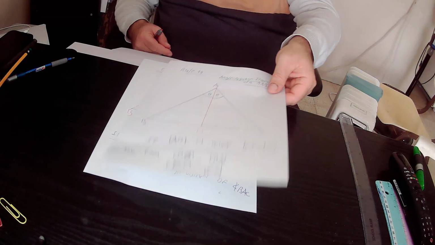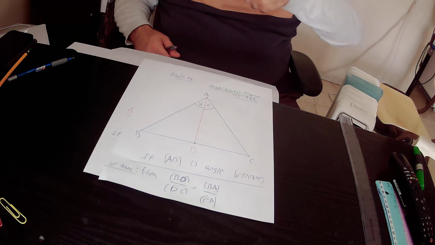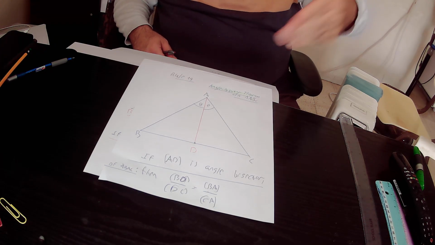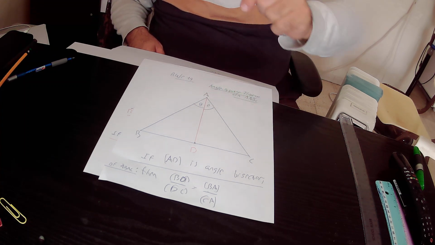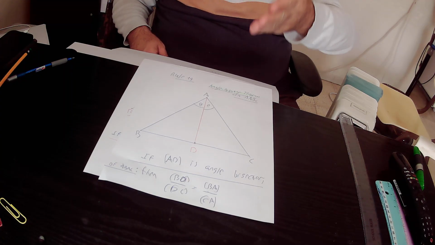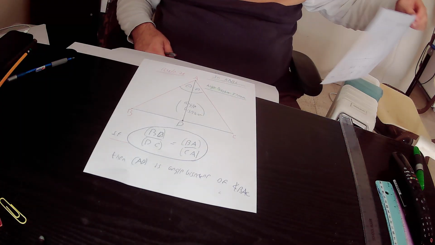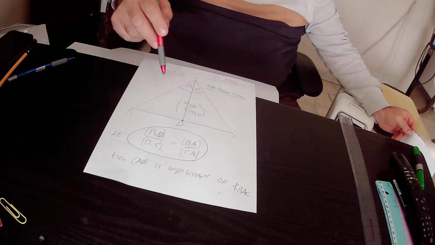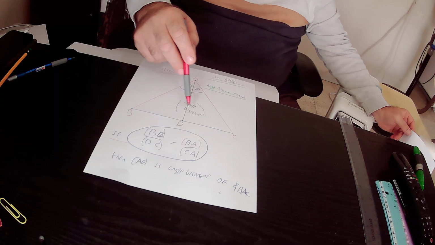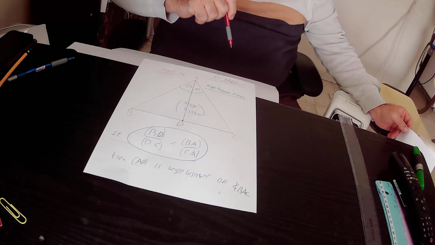According to Rule 19, if you know that AD is the angle bisector of triangle ABC, then the following relationship exists between the sides: BD over DC equals BA over CA. And the converse rule says that if BD over DC equals AB over AC, then we conclude that AD is the angle bisector of triangle ABC.